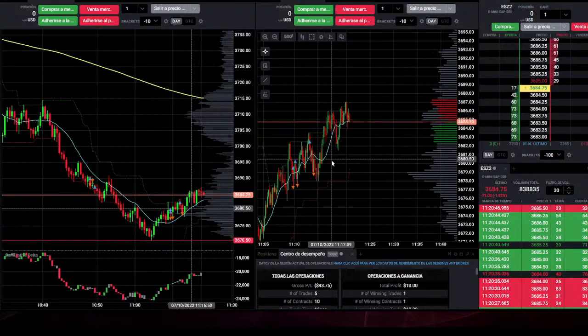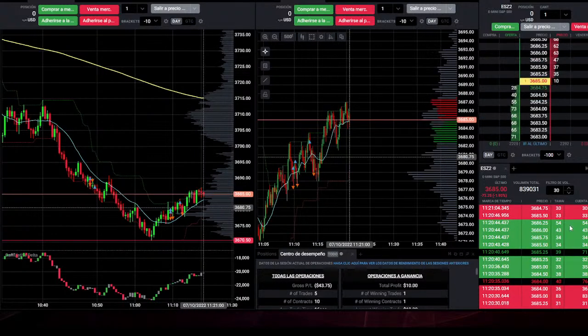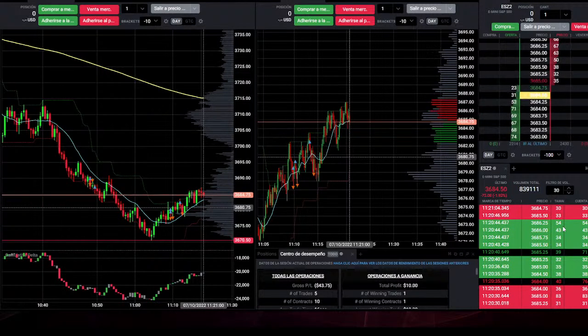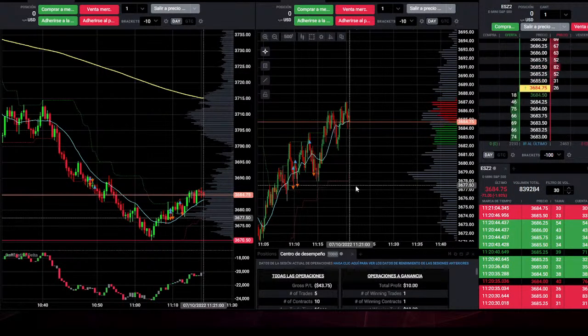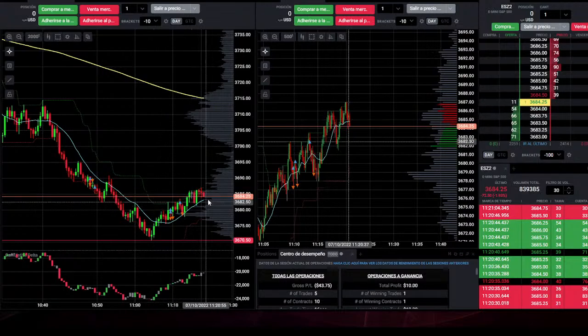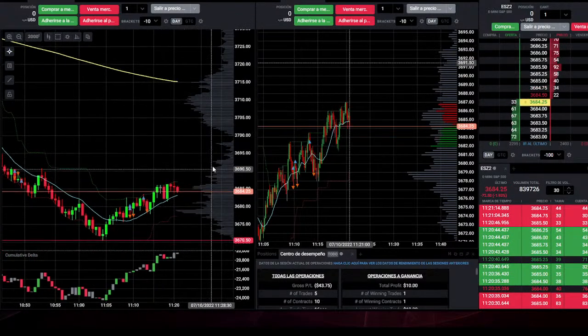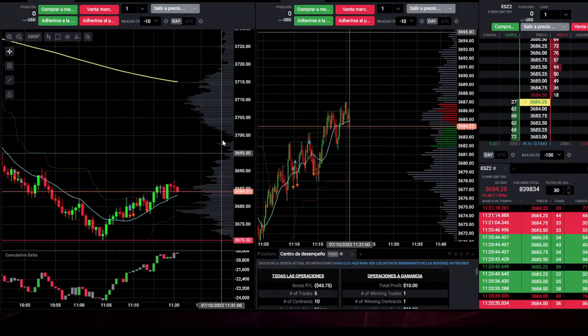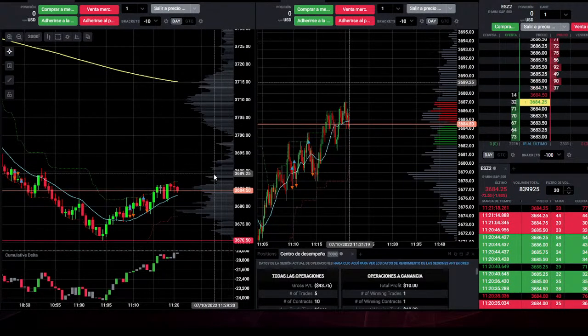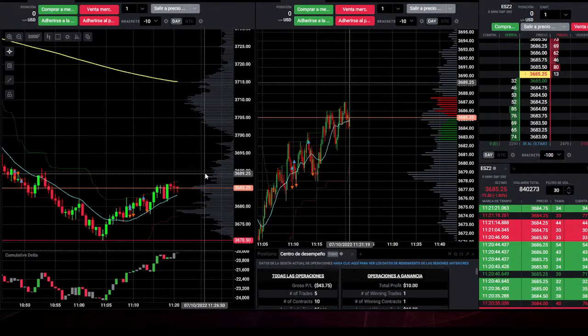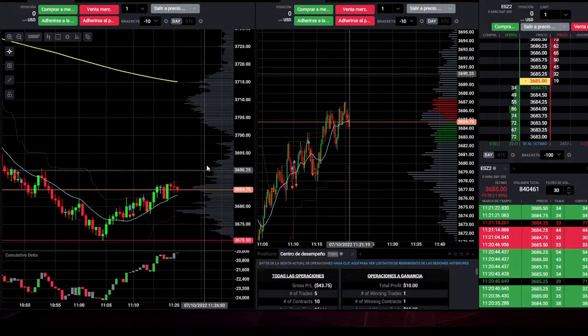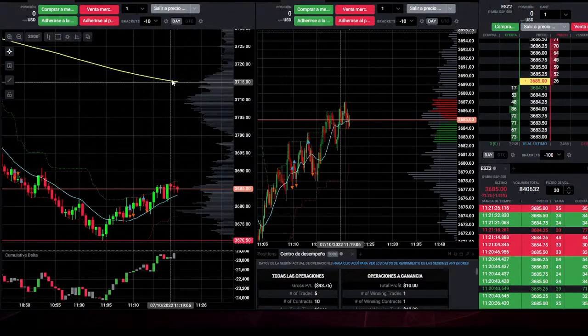So well, let's see. Price pulling back again. As I told you, look, this zone here, not much volume. So be careful because we could potentially have a retracement to the VWAP.